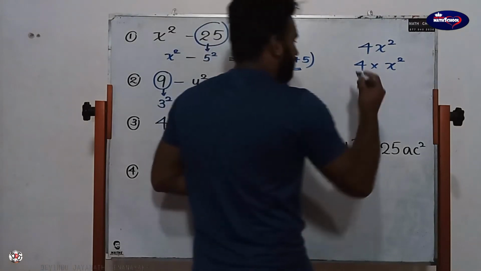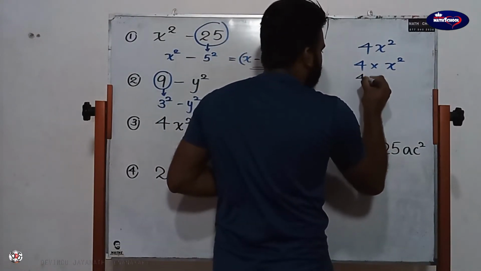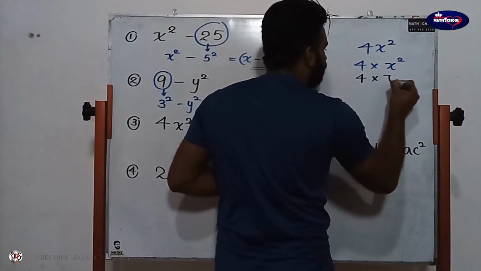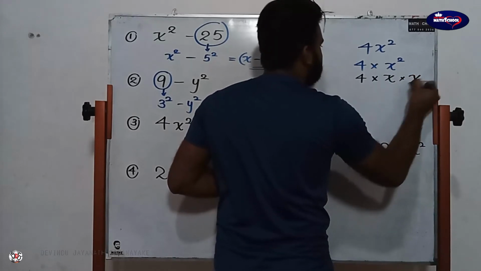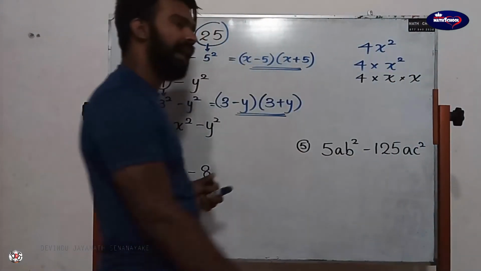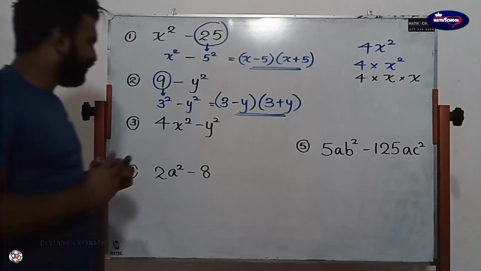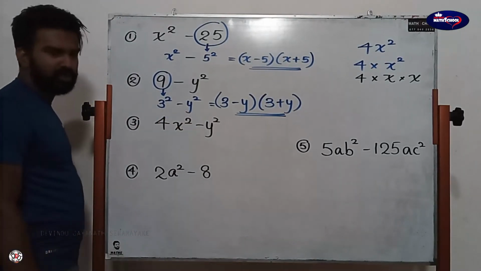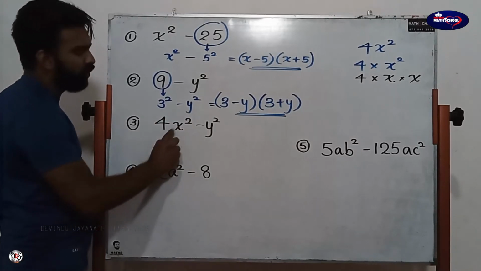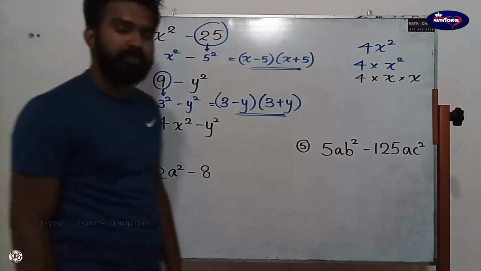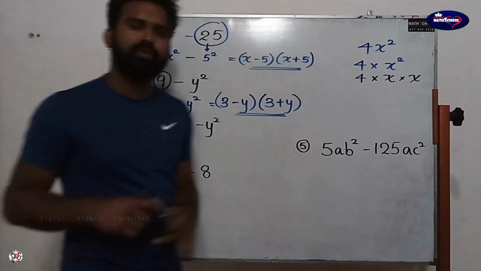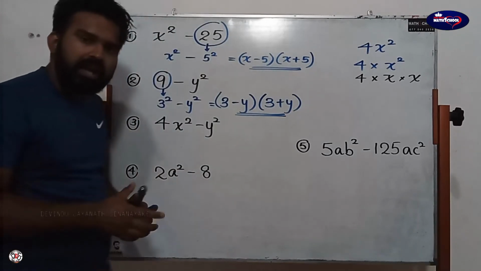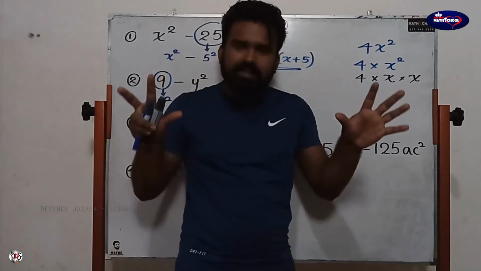So you can't take the whole thing as a square. So you can't write this as 4x minus y and 4x plus y. Likewise, you can't take the two factors. You should have two squares on either side.